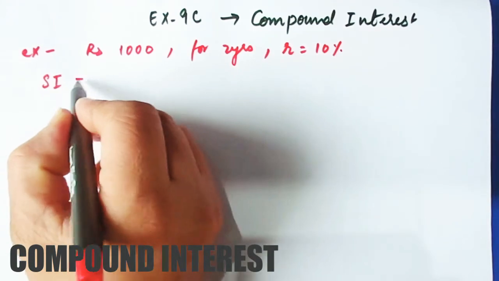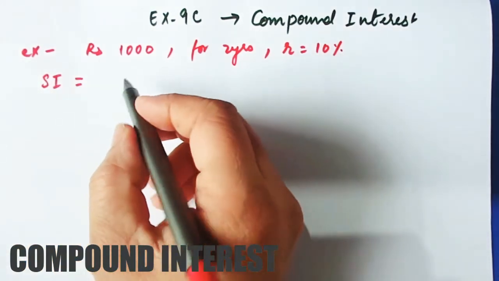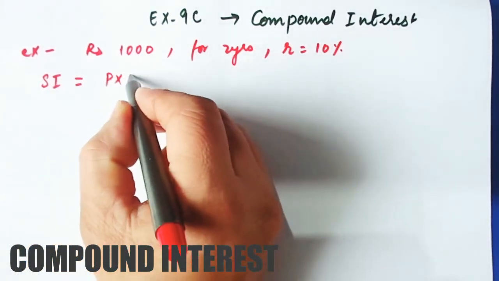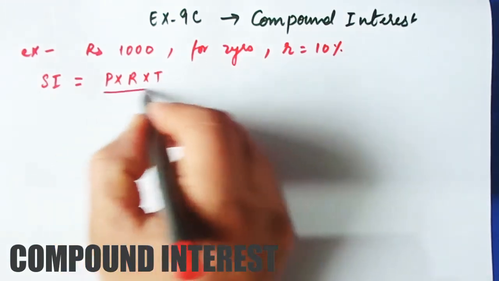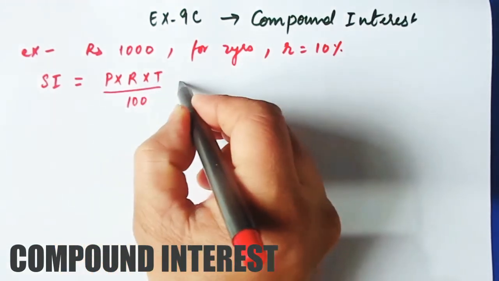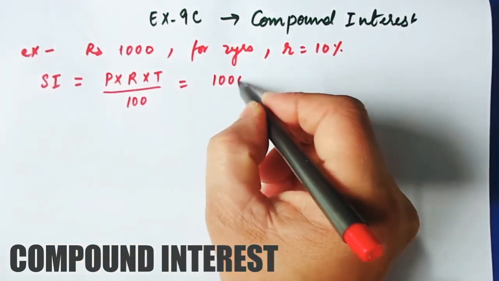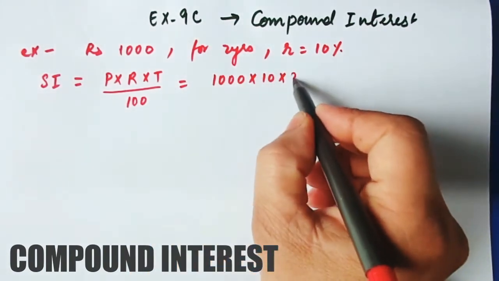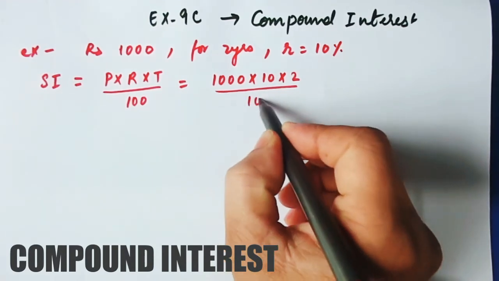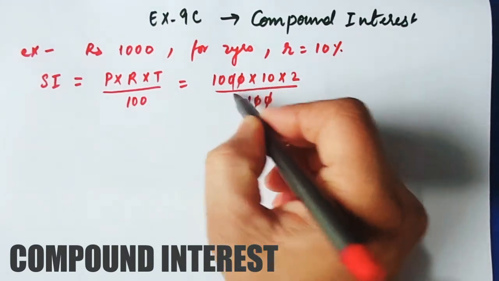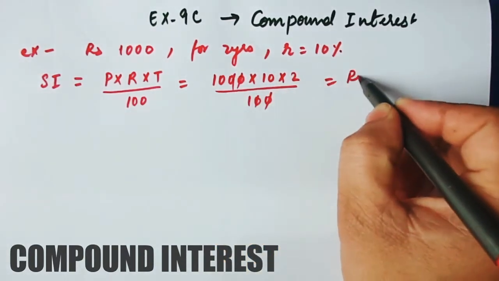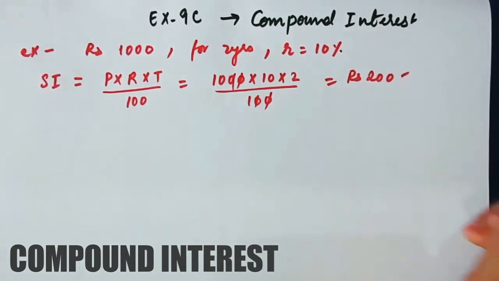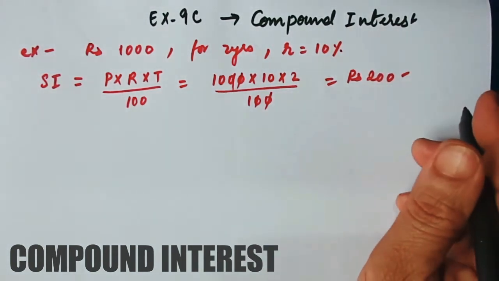So this simple interest will be equal to PRT by 100, P into R into T by 100, and this will give you how much? 1000 P, R, T, where is T? 2 years by 100. This will give you rupees 200 as your simple interest. Try to understand this.